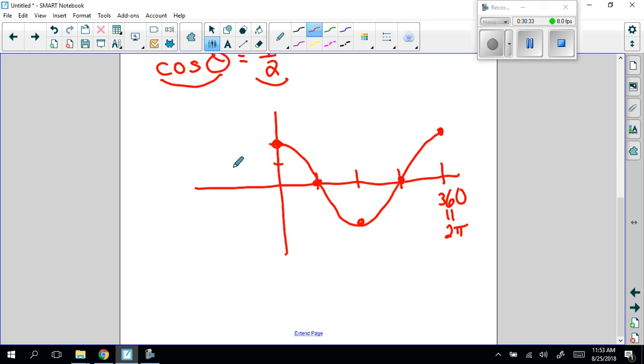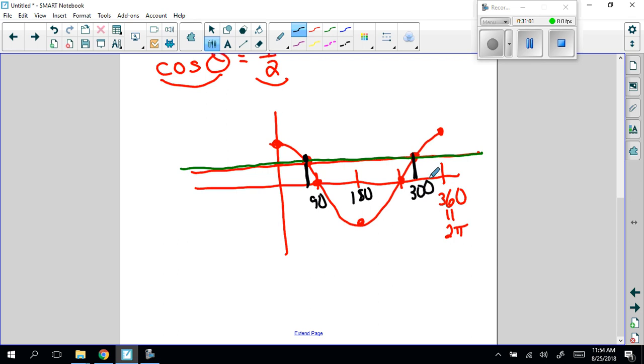When does it equal 1/2? Well, here and here. Now, as you guys can tell, I am not the neatest grapher in the world, but it doesn't really matter. Sloppy or not, I'm pretty sure that's 60 degrees. And that's 30 degrees and that's 60 degrees. I'm pretty sure it's 300. So look at me. I just guessed it with the world's worst graph.